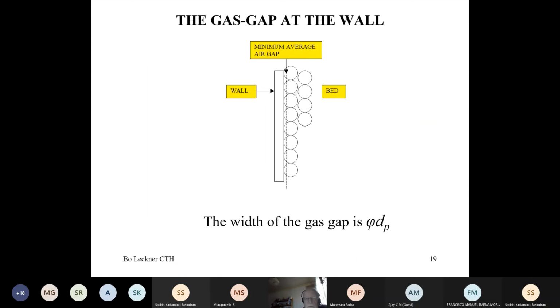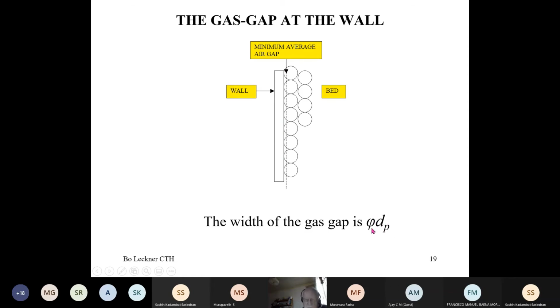Here is the gas gap. You can see a packing of particles at the wall. And as I said, there are the lenses of gas here, and they may be thick. Even if the particles are not touching the wall, there will be some gas gap here. And this is supposed to have a certain thickness.